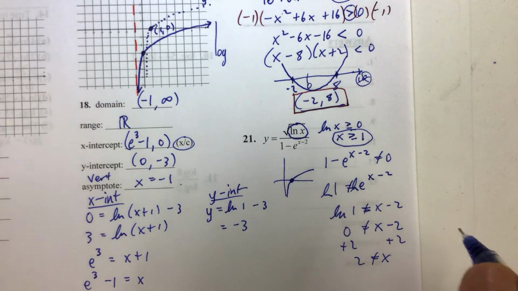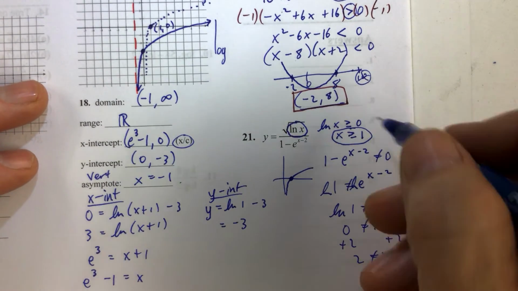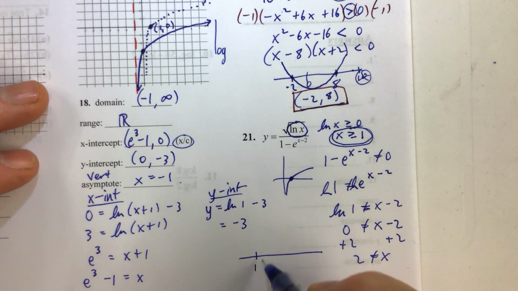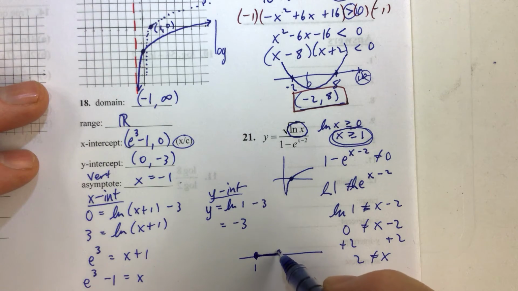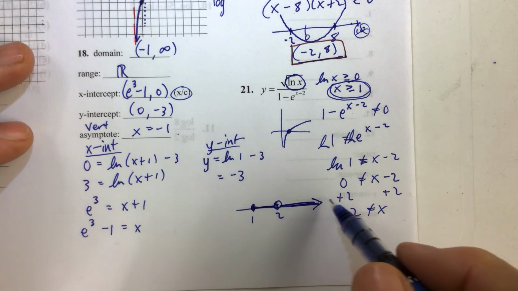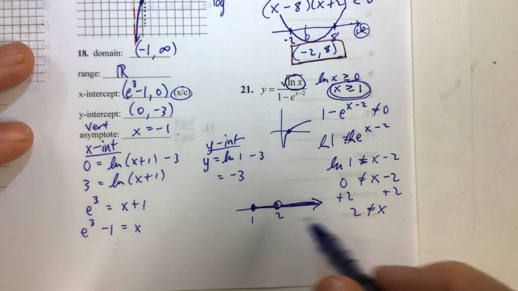So x is not allowed to be 2. So if we combine, x has to be greater than or equal to 1. So here we have 1 on our number line. And then we could cruise all the way over here and we get to 2. X is not allowed to be equal to 2, but it could be any other real number greater than or equal to 1 except for 2.